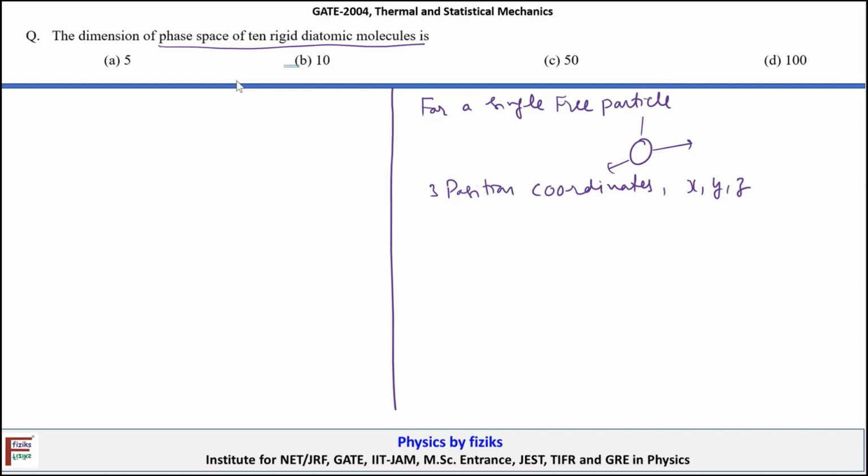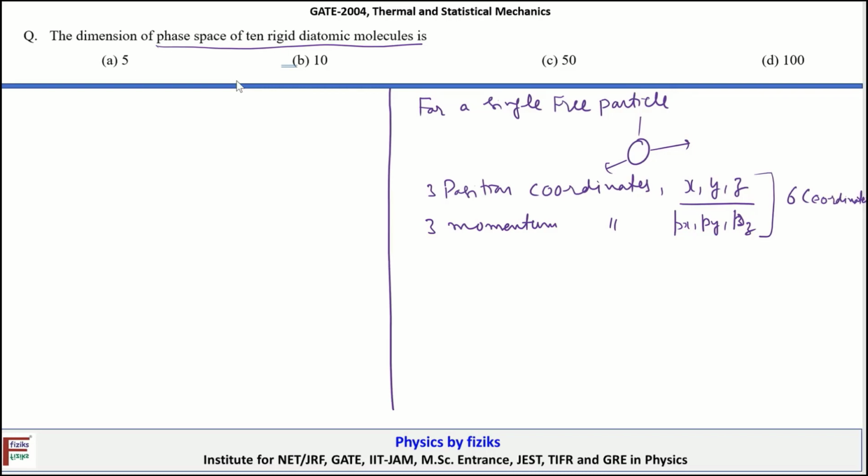Similarly, in connection with these 3 position coordinates, we will have 3 momentum coordinates, which are labeled as px, py and pz. So in total we require 6 coordinates for one single free particle, or you can say a monoatomic gas molecule, for instance.